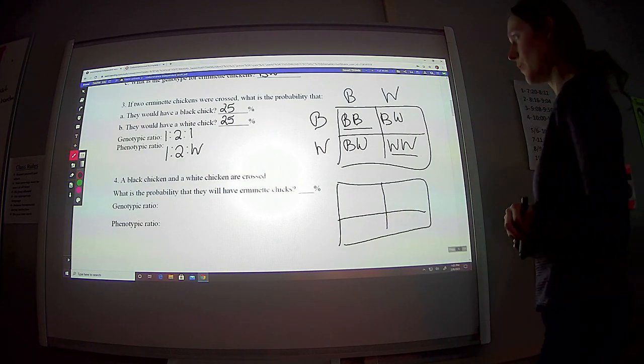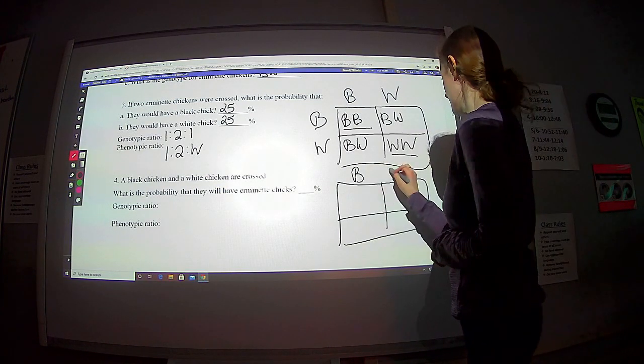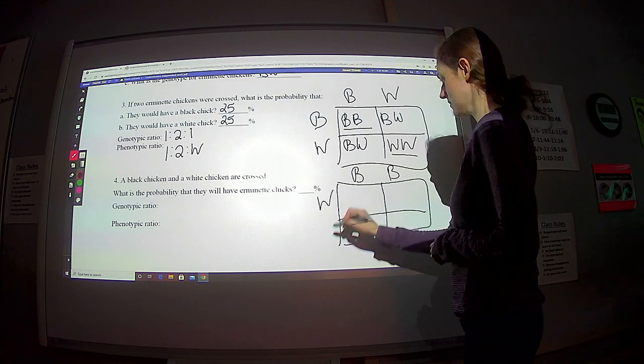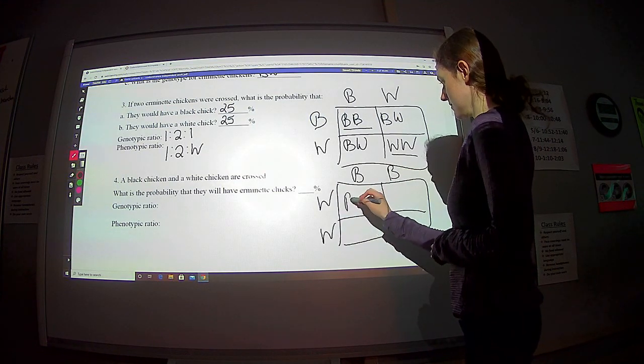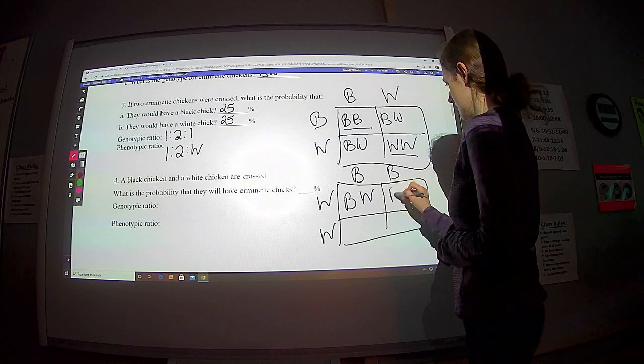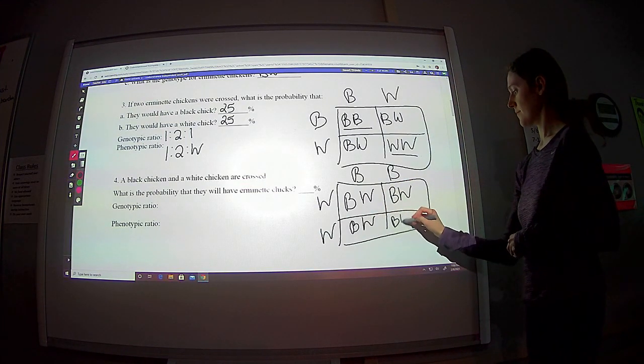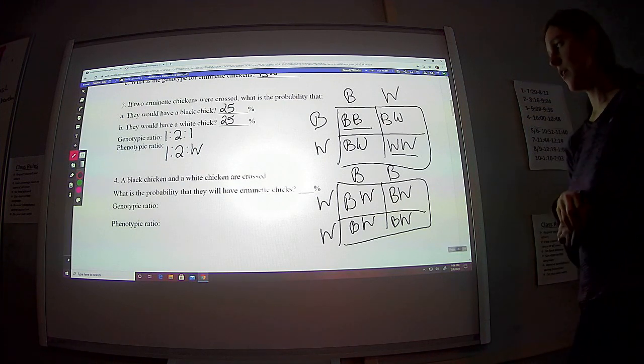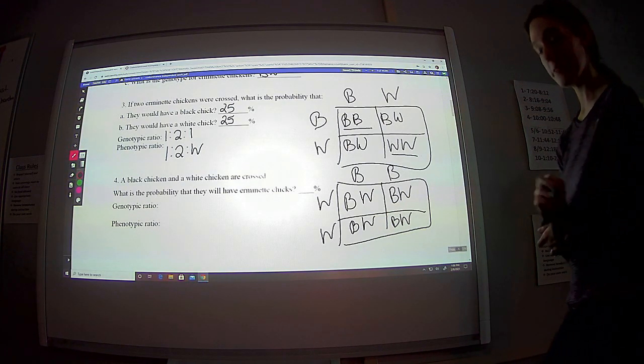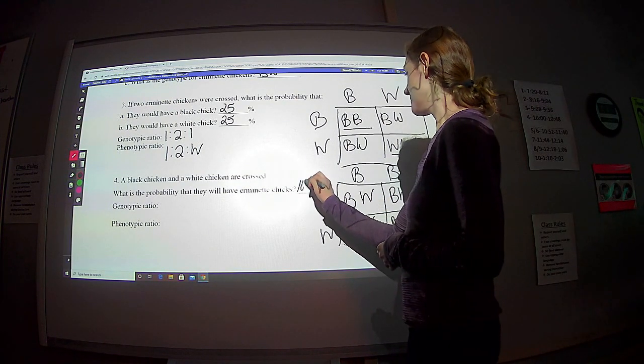A black chicken and a white chicken are crossed. What's the probability that they will have erminite chickens? It's looking like 100%.